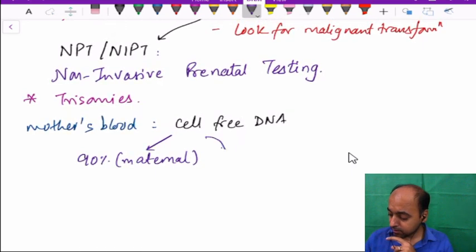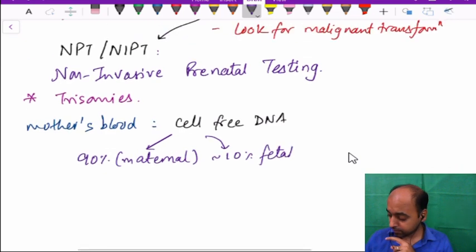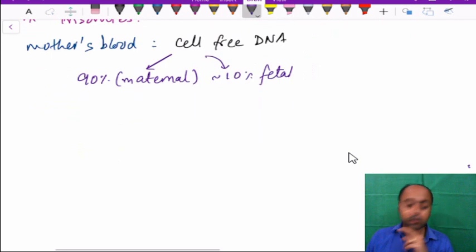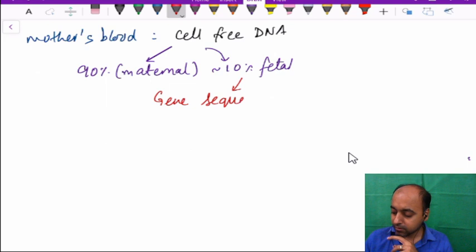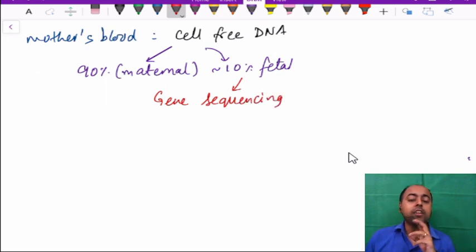And we separate this 10% fetal DNA, and then we do gene sequencing for the target chromosomes. We identify certain specific genes.